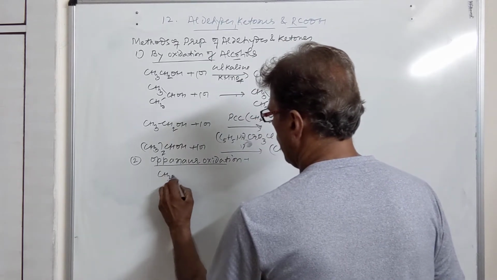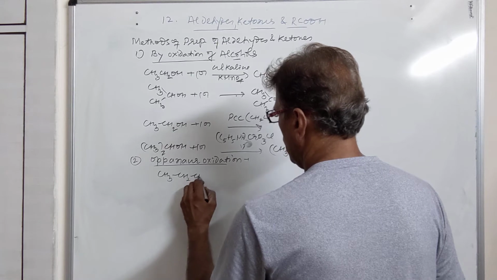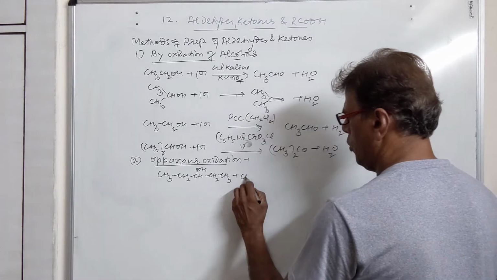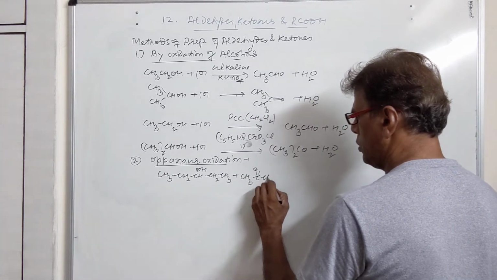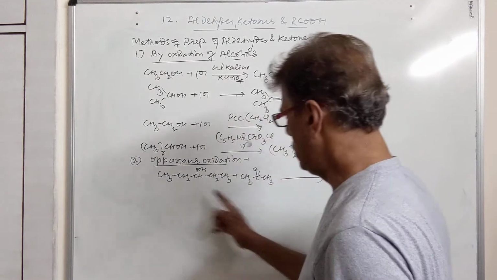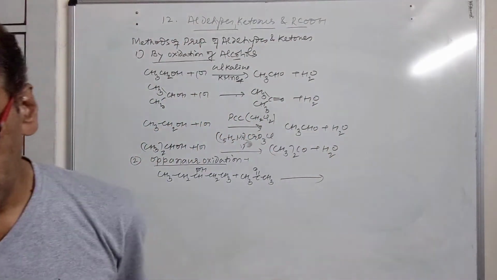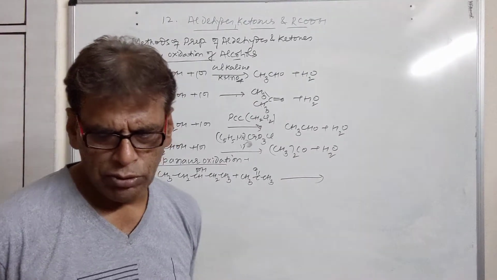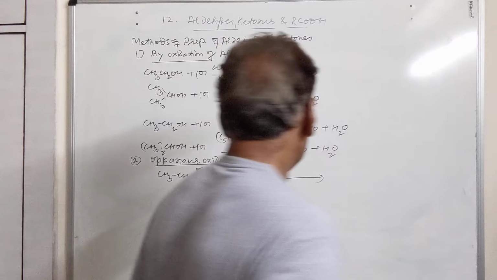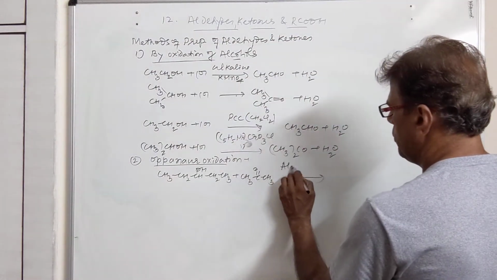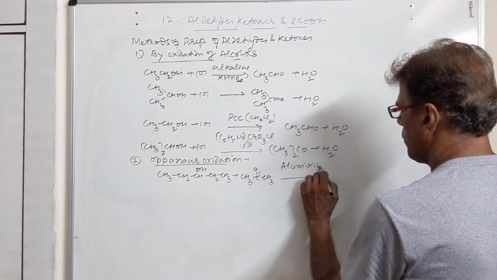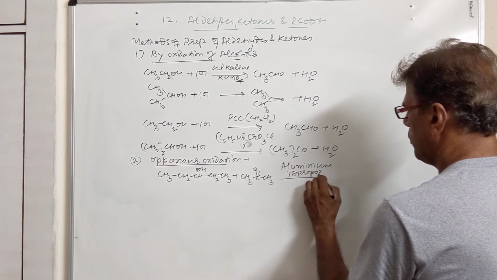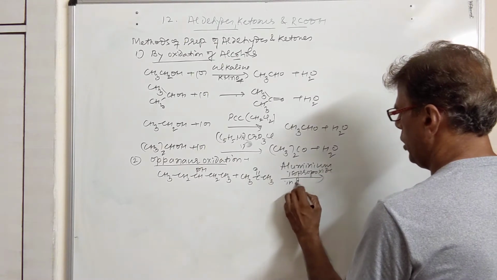Here higher alcohols are changed into ketones, and smaller ketones are changed into alcohols. This is our higher alcohol, pentanol. It will be changed into the ketone, and acetone will change into alcohol. This reaction is brought about in the presence of aluminium isopropoxide in isopropyl alcohol.